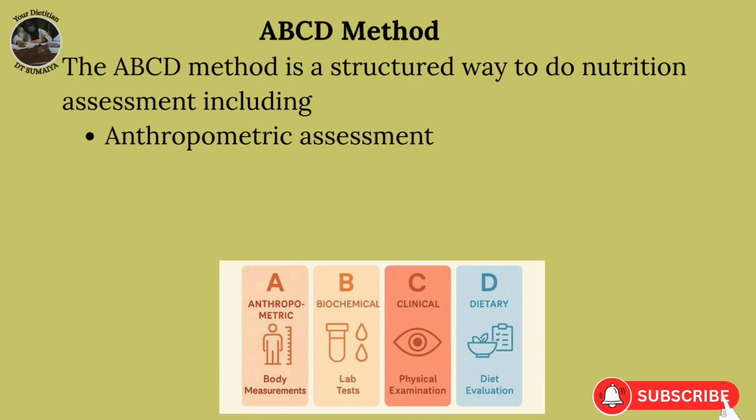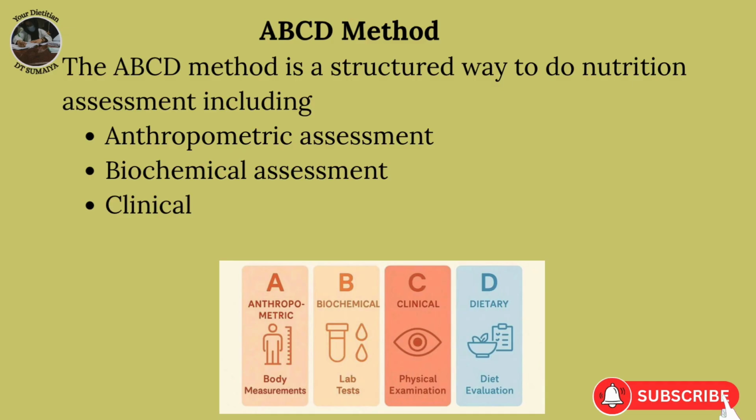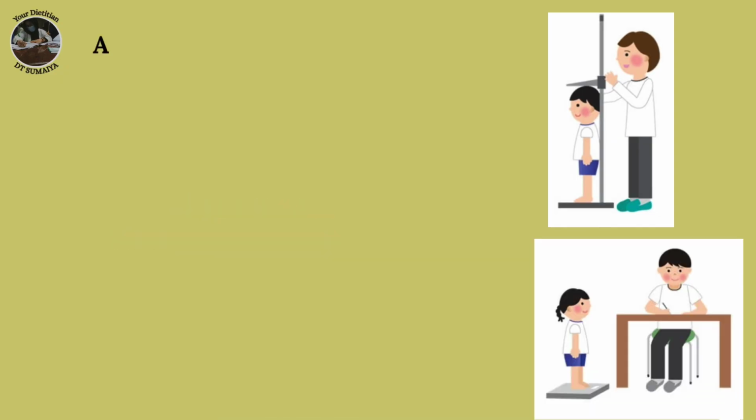So here A stands for anthropometric, B stands for biochemical assessment, C stands for clinical assessment and D stands for dietary assessment. So watch the video till the end. By the end of the video, you will easily understand what each of them stands for and how each of them is used in nutrition assessment.